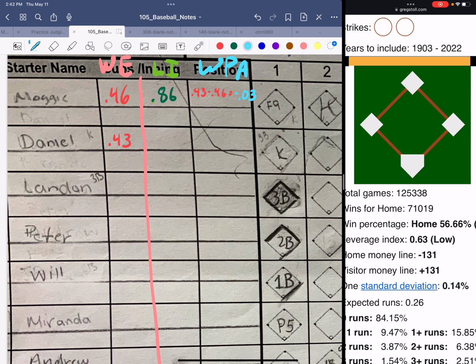So Maggie's win probability added was negative 0.03. It's always the win expectancy after minus the win expectancy before.